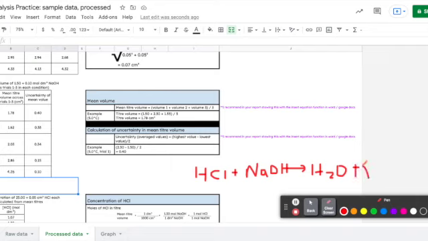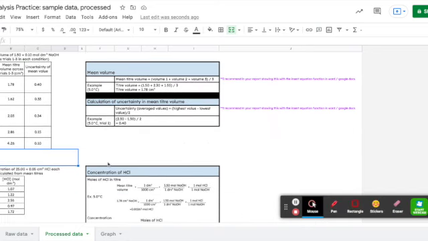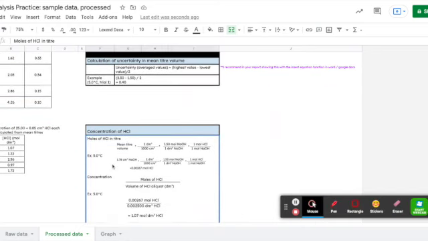Now that I have volume of NaOH and concentration of NaOH, I can use that to find moles of HCl. Like in any titration, I have my volume of HCl, that was 25 cubic centimeters, so I can find my concentration here.